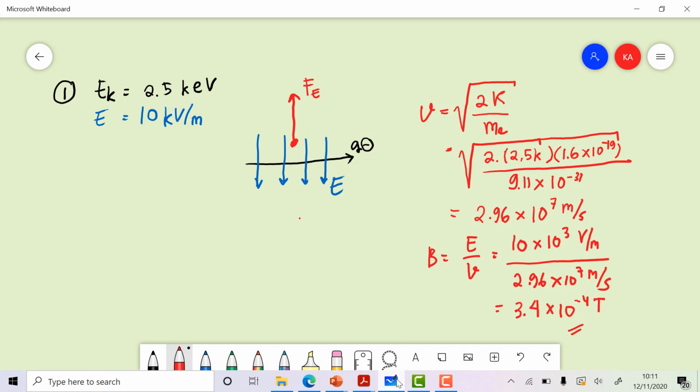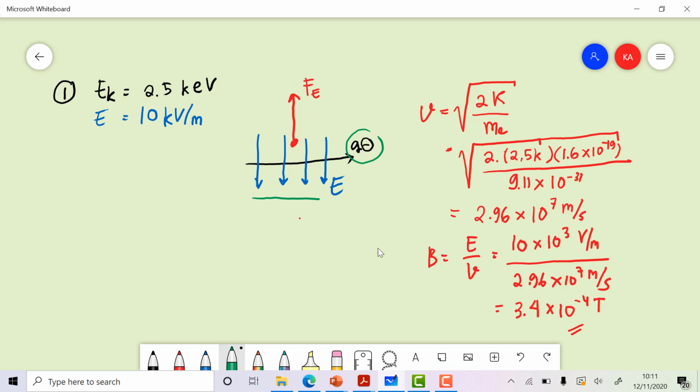So to answer this question, we have to illustrate the question like this. This is the electron, the charge is negative. This is the movement of the electron, and the direction of the electric field is the negative y direction.